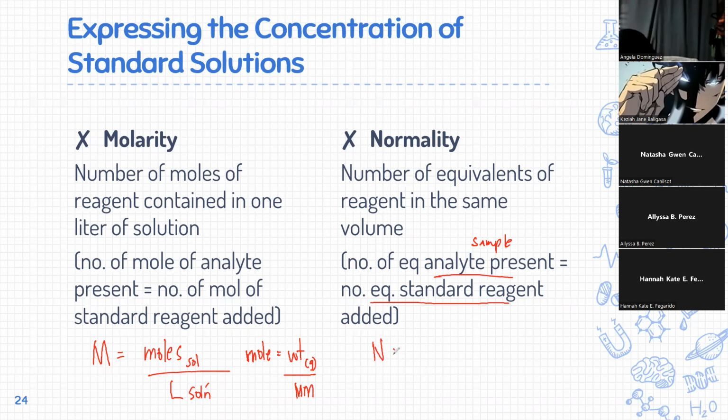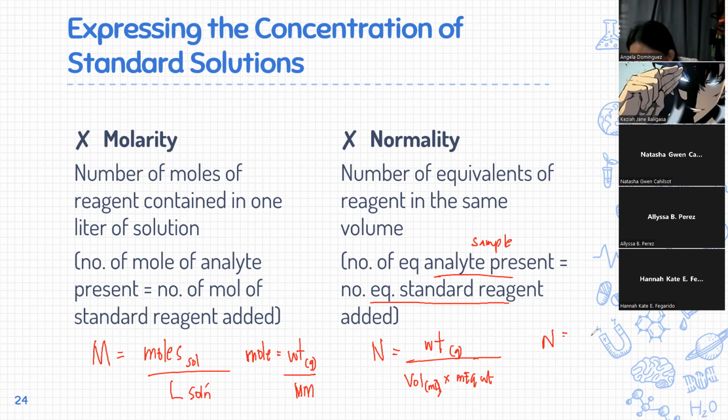So for the normality, we will be using this formula. Weight of the substance, in grams, divided by the volume. If the volume is in mL, class, please use the milliequivalent weight, okay?